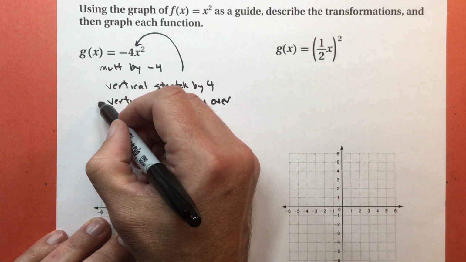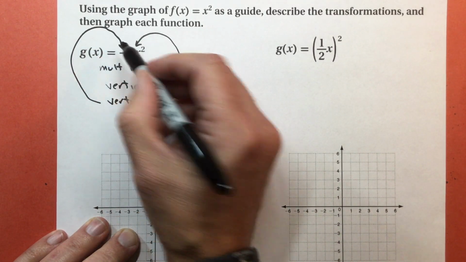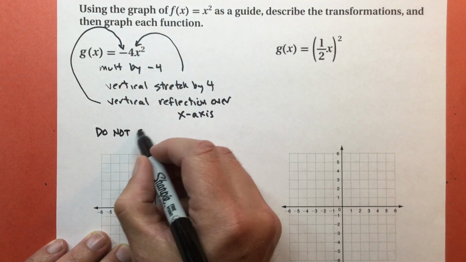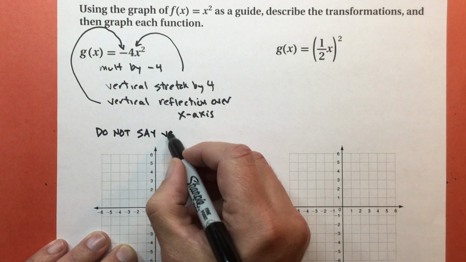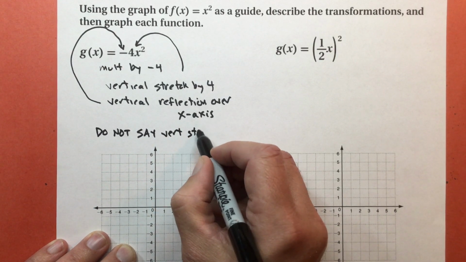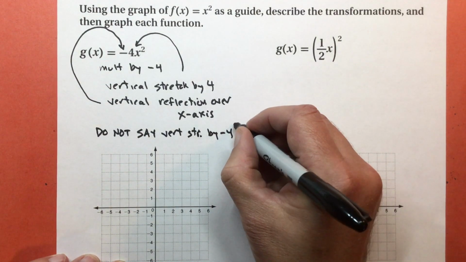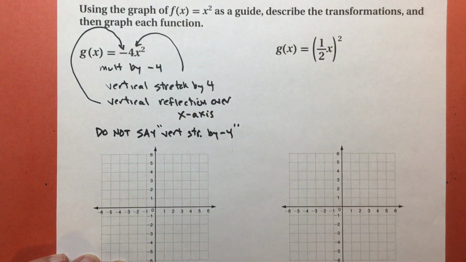That's because of the negative. Do not say vertical stretch by -4. Those are two separate parts, the negative and the 4. Those are two separate parts.